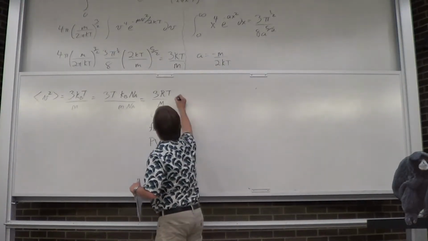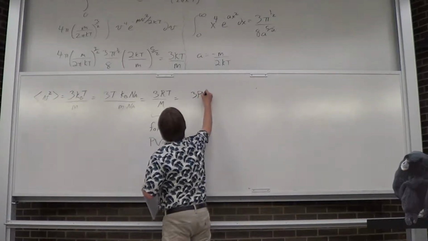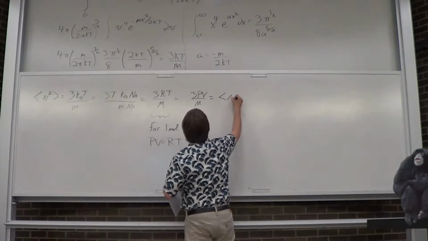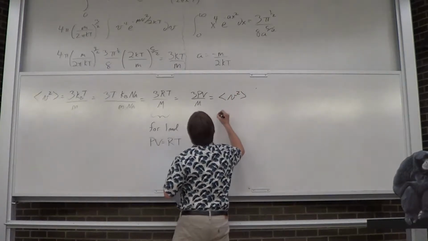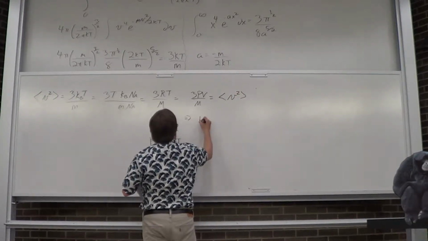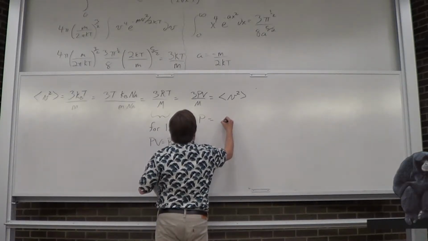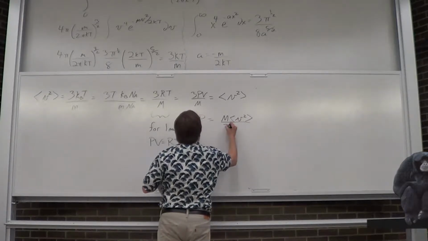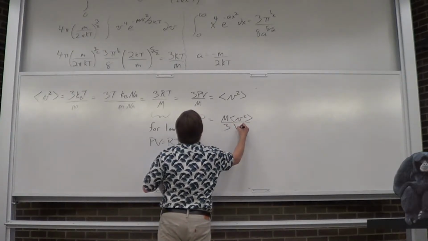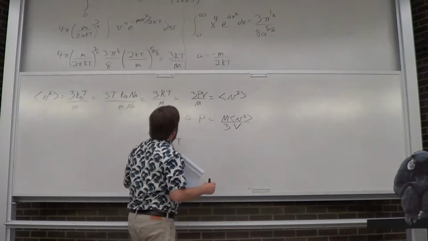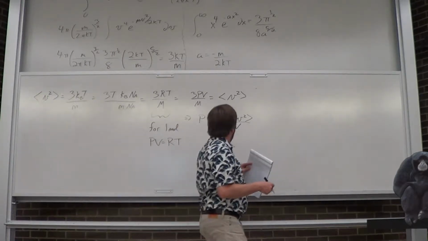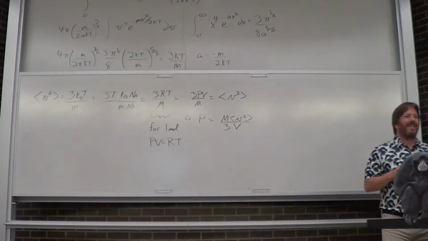Okay, now I've got 3 PV over M is equal to the average of the square velocity, and therefore the pressure is M average v squared over 3V. Right. M v squared over, yeah, is that right? I feel like, yeah, that's right. There you go. Okay.